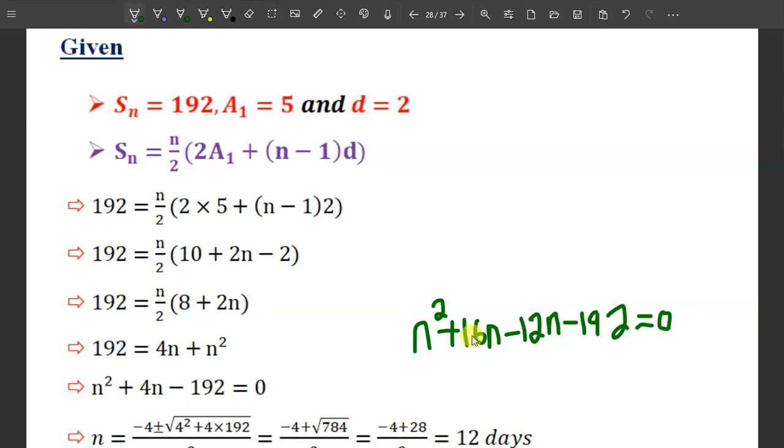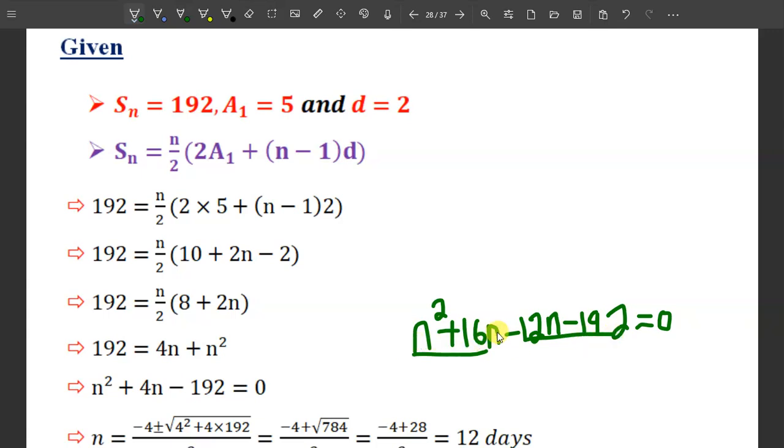These numbers are 16 and minus 12. When 12 is subtracted from 16, it gives us 4, and when 16 is multiplied by minus 12, it gives us minus 192. And therefore just take these 2 together and these 2 again together.